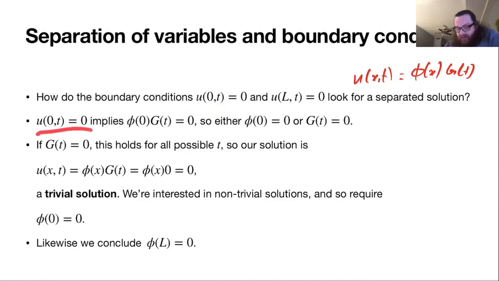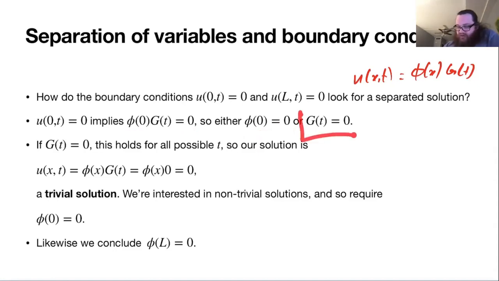So plug in x equals 0 to this. We're not plugging in t, so we still have g of t. U of 0 comma t implies phi of 0 times g of t is equal to 0. So we have a product of two things equal to 0. That tells us that either phi of 0 is equal to 0 or g of t is equal to 0.